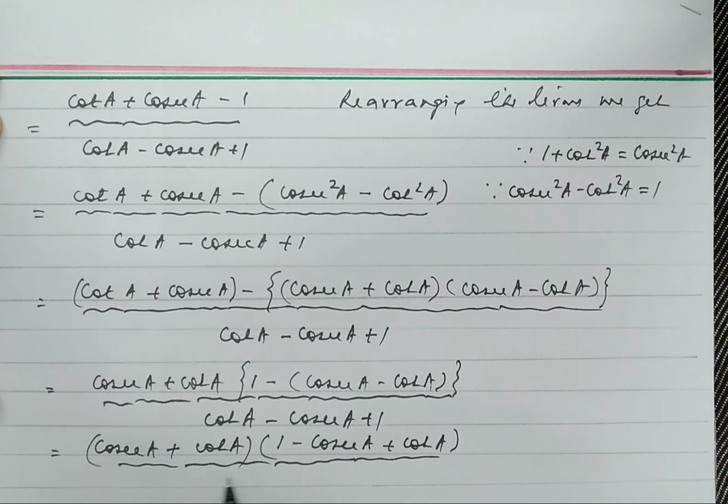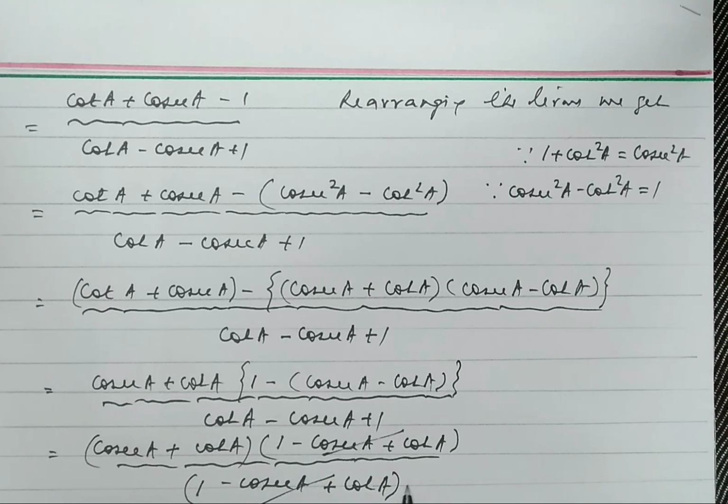So can we write for this as 1 plus 1, then as per this minus cosec, and this is plus cot A. Now here we find this same as this, am I right? So the whole thing gets cancelled with this.